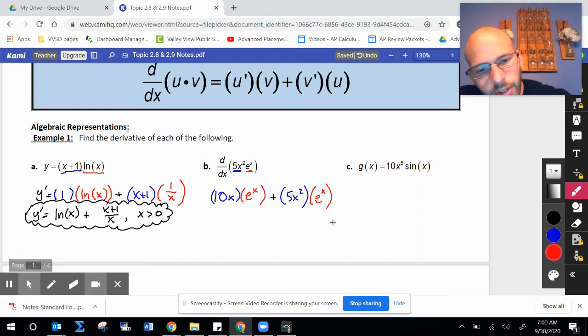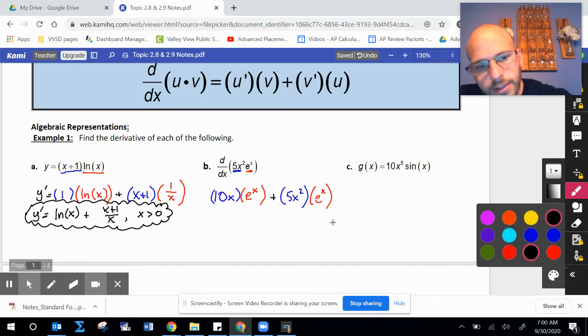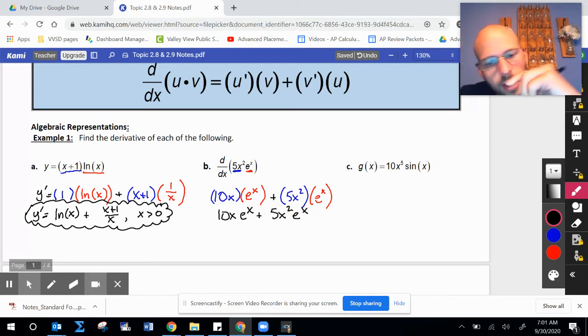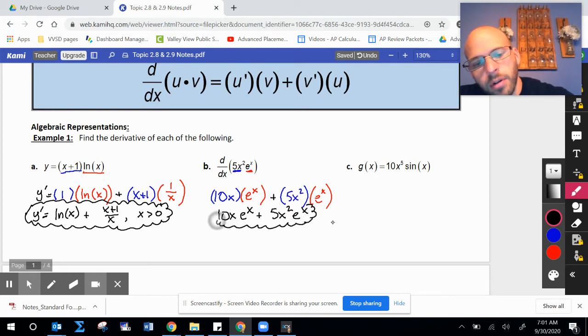So what I have here is 10x e to the x plus 5x squared e to the x. If you wrote this as your answer, that's perfectly acceptable. I just want to show some variations on how this answer can be written.